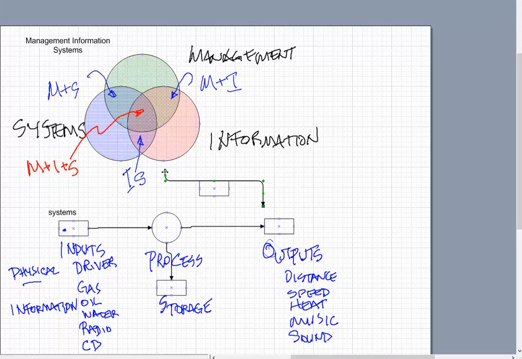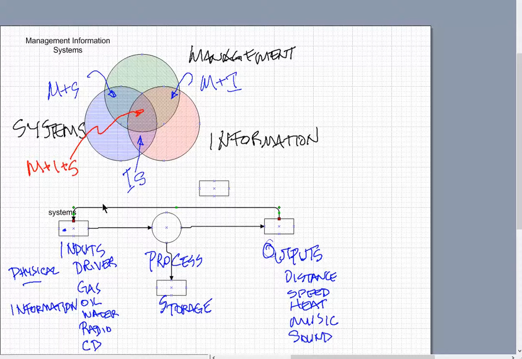So you can look at the output and you can adjust the, let's put it on the top just for grins. You can take the output and go, I want to go faster. So you go back to the inputs and you give it a little more gas. Okay, so that driver presses on the gas pedal faster. Or you look at the outputs and think, I want to go slower, I'm about to hit something.